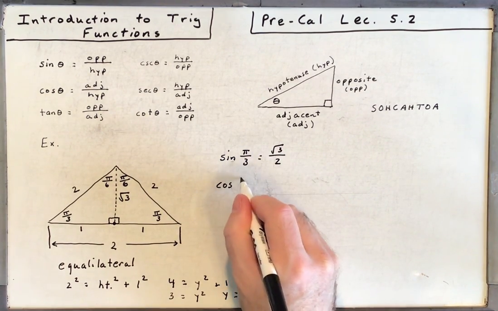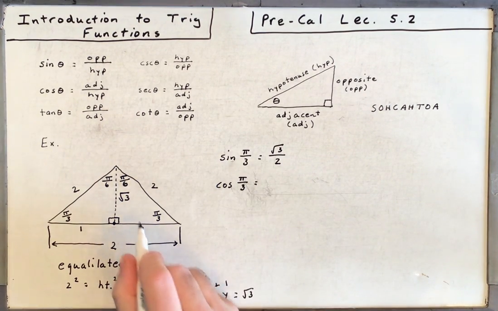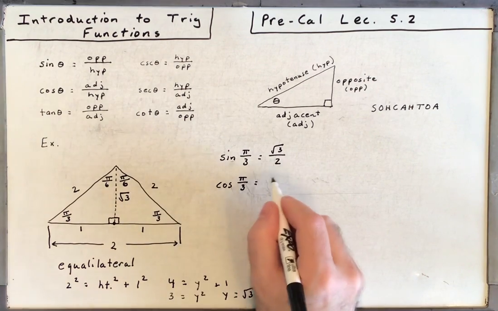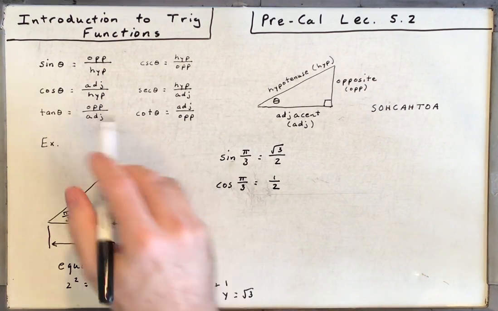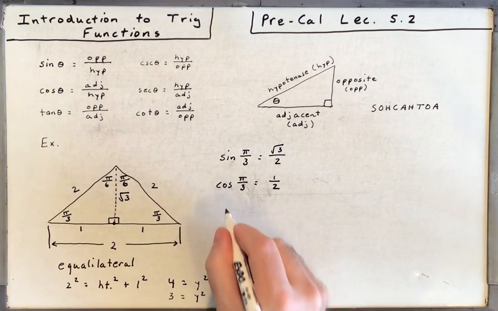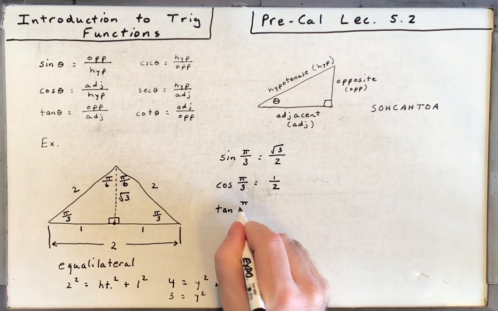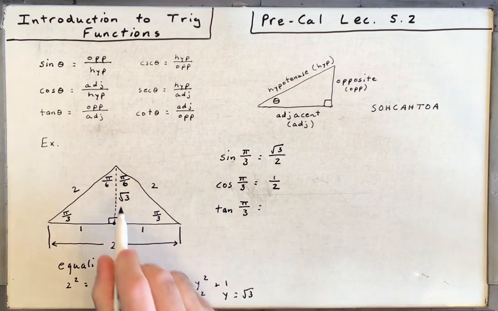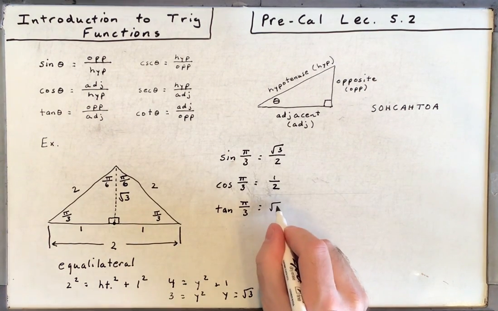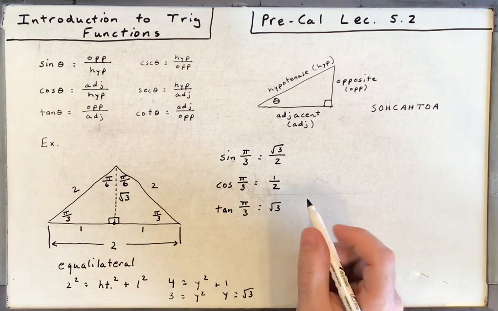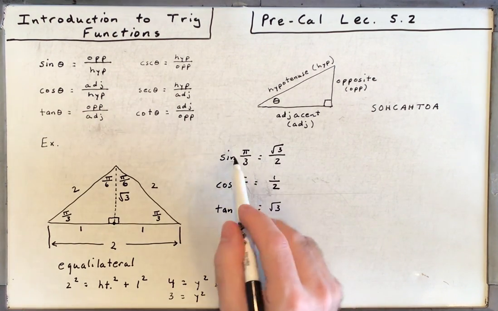The cosine of pi over 3 is adjacent over hypotenuse, so 1/2. The tangent of pi over 3 is opposite, root 3, over adjacent, 1, so just the square root of 3. And you can flip those numbers to get the reciprocals.